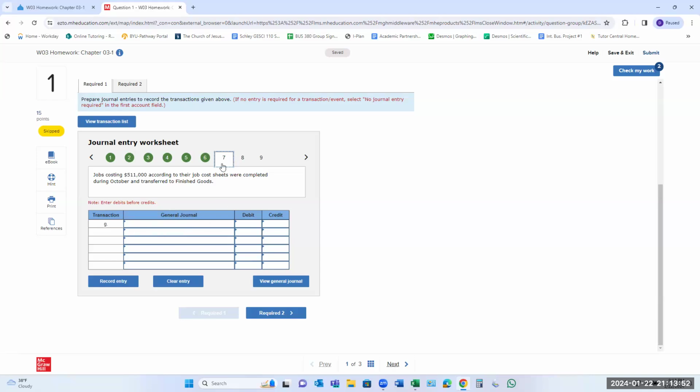Where's number 7? Jobs costing 511,000 according to their job cost sheets were completed during October and transferred to finished goods. So they're going to come out of work in process and go into finished goods. Finished goods is a normal debit balance, so that's going to be my debit.